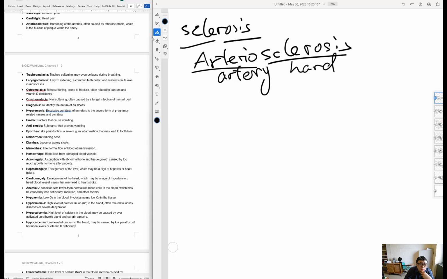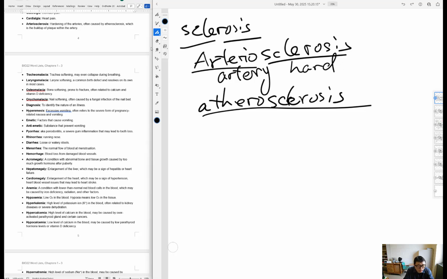And what is used more often, I put here, arteriosclerosis. Arteriosclerosis, as I mentioned earlier, using angioplasty to open up the artery. Why do you need to open up the artery? Because of arteriosclerosis.